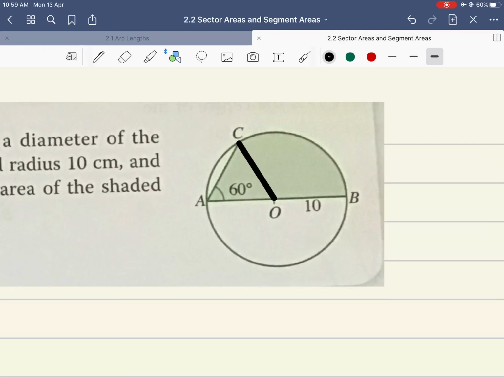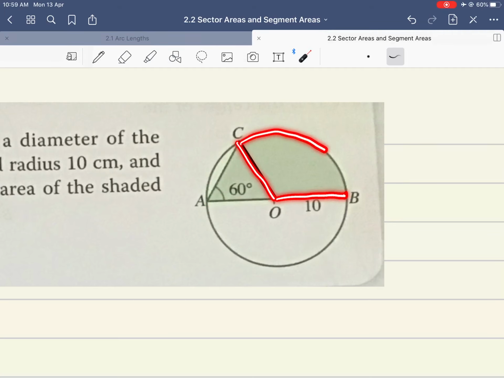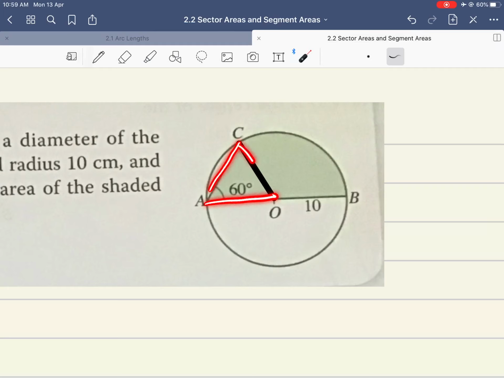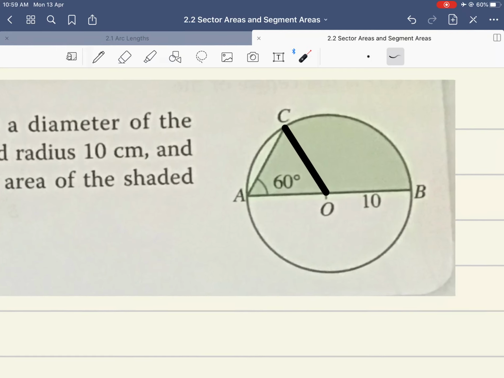If we were to break it up, what I can do here is I draw. If you look at what I've just drawn here, this is a triangle and this here is a sector. So what I need is to add the area of the triangle to the area of the sector itself.